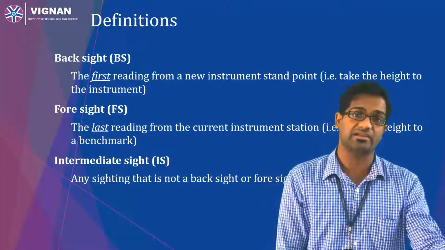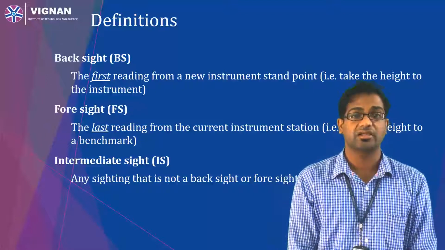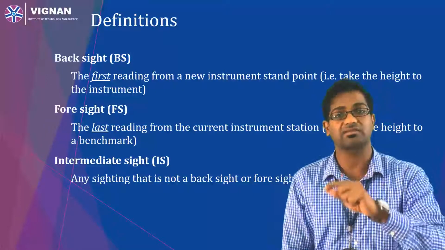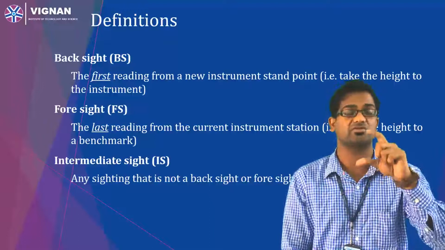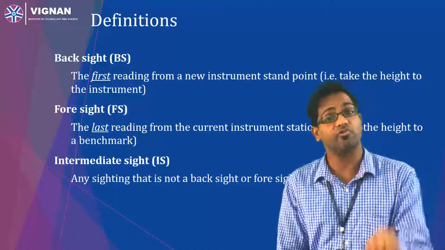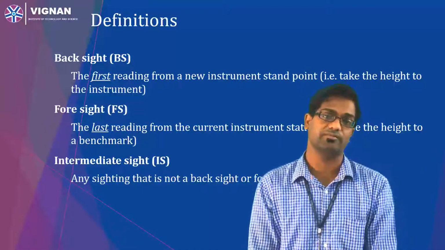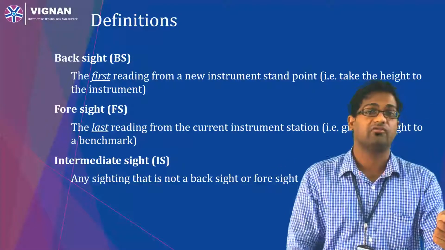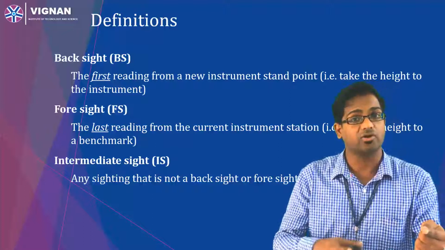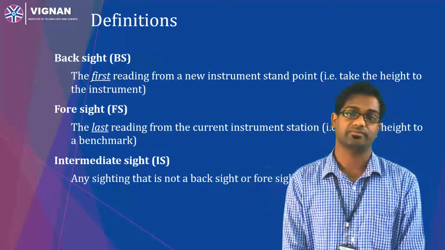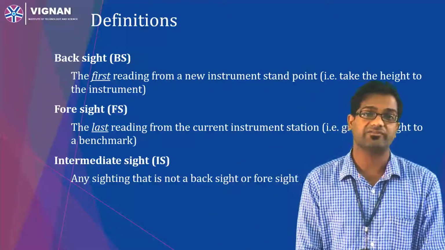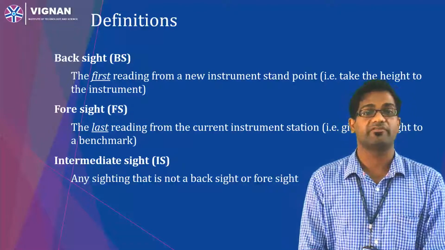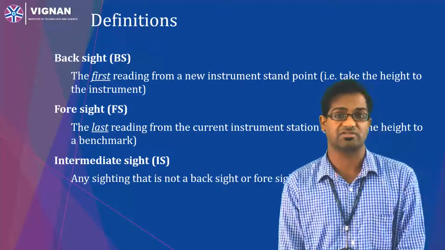The first sight is called a back sight. The foresight is the last vertical distance measurement you conduct before moving the instrument to another point. The last foresight will be the back sight of the new instrument station.